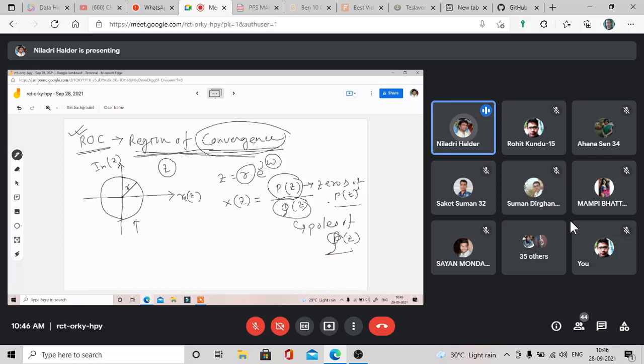So simply, if x[n] is a to the power n u[n], you are getting X(z) as summation of n equal to 0 to infinity a to the power n z to the power minus n, or simply summation of n equal to 0 to infinity (a z to the power minus 1) whole to the power n.